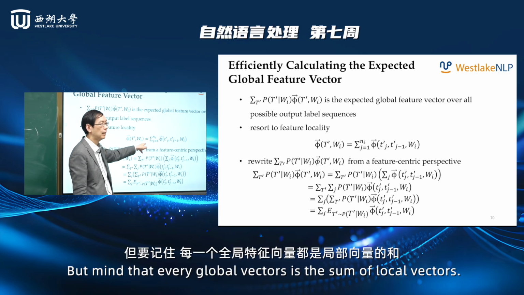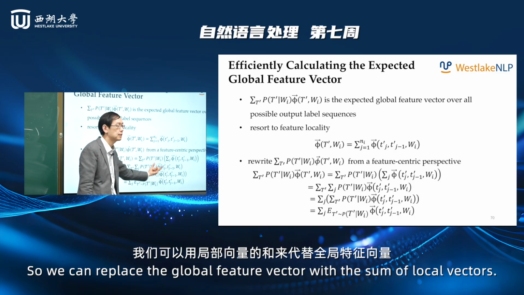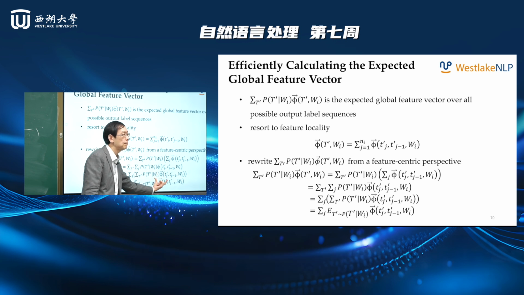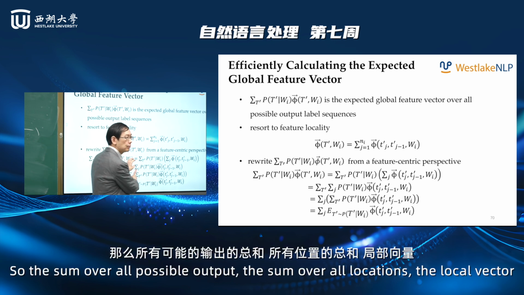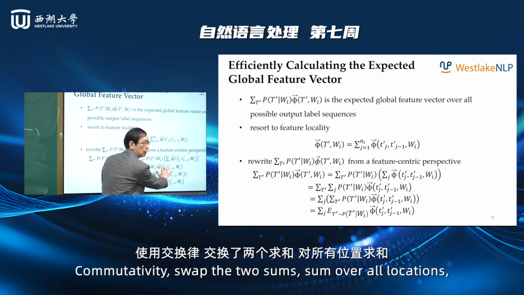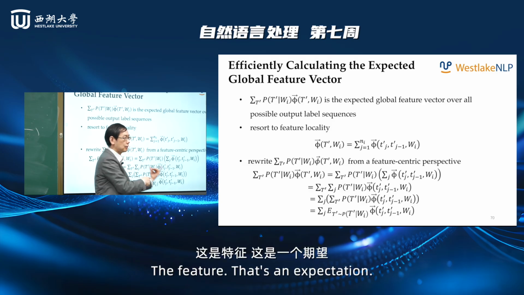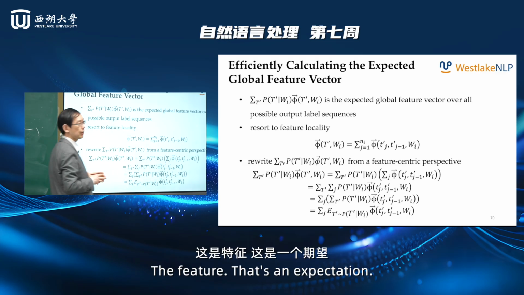But mind that every global vector is the sum of local vectors, okay? So we can replace the global feature vector with the sum of local vectors, okay? So the sum over all possible outputs, the sum over all locations, the local vector, right? Okay, commutativity. Swap the two sums. Sum over all locations, okay? Sum of all global sequences, the feature. That's an expectation, right?